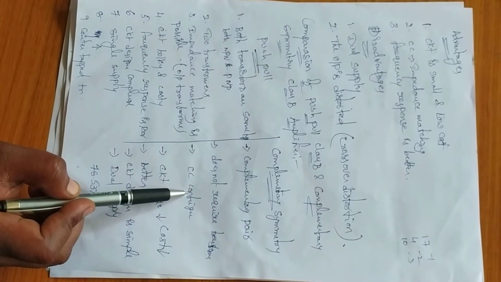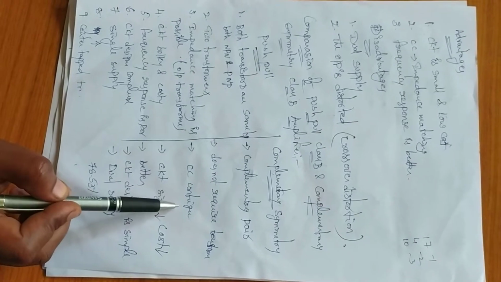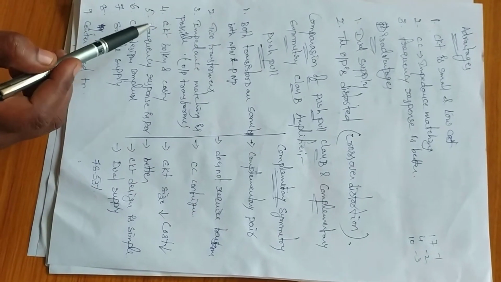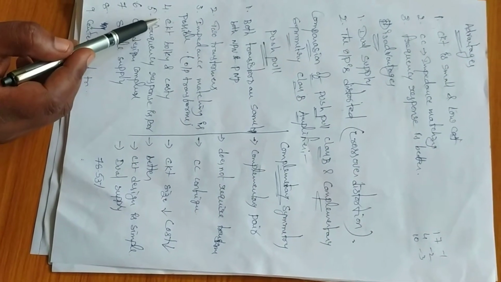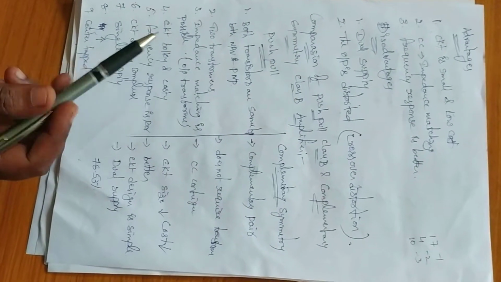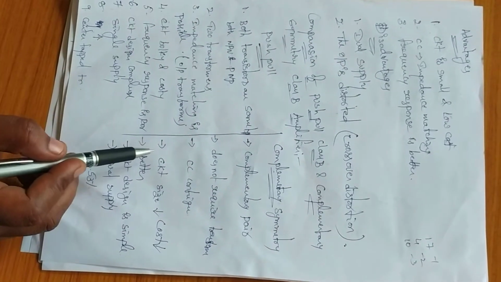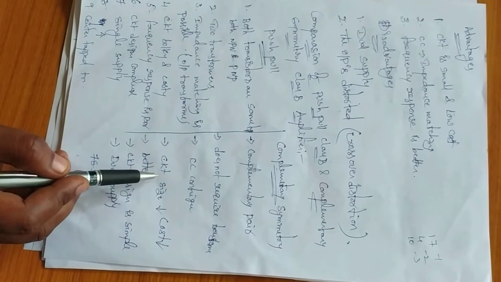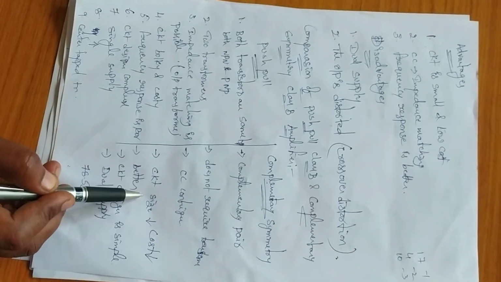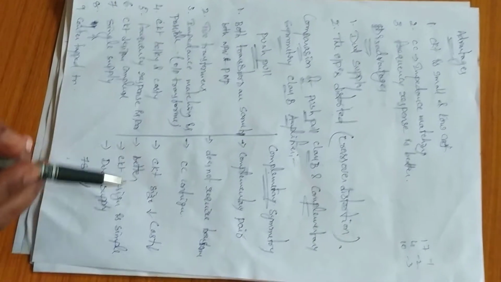In case of complementary symmetry, for impedance matching we are using CC configuration. In push-pull, due to the transformers, the circuit would be bulky and costly. In case of complementary, due to the absence of transformer, the circuit size is small and low cost.